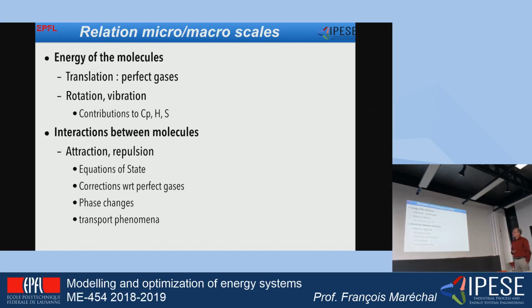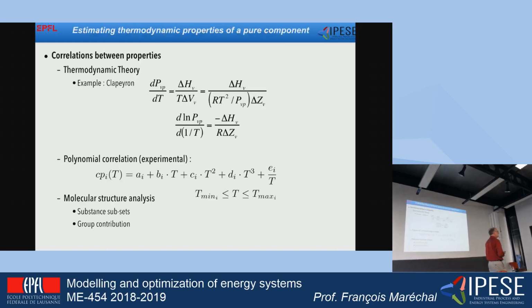And then the interactions between the molecules is mainly looking at how the molecules will interact one with the other. In order to do this, you have learned, I hope that you have learned in physics or in thermodynamics, that there were some relationships that have been explored.